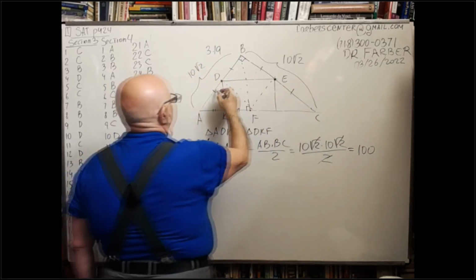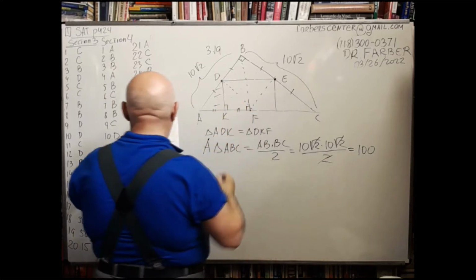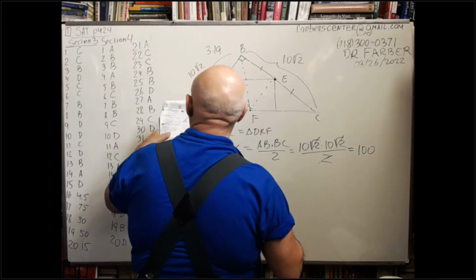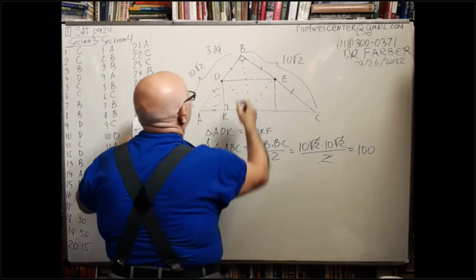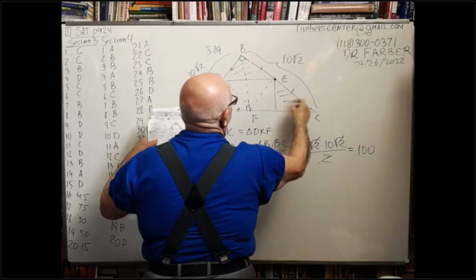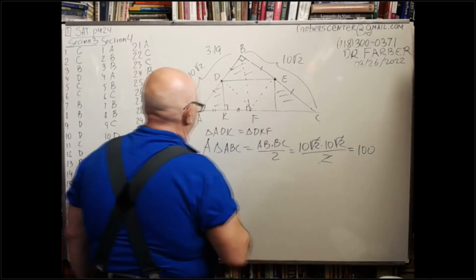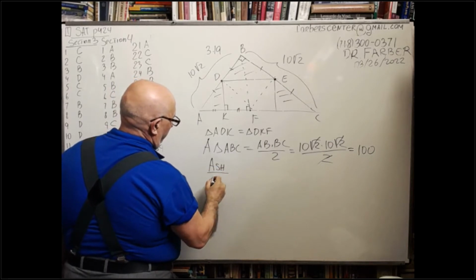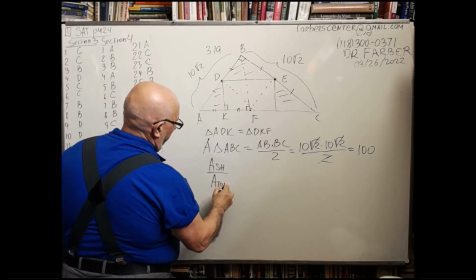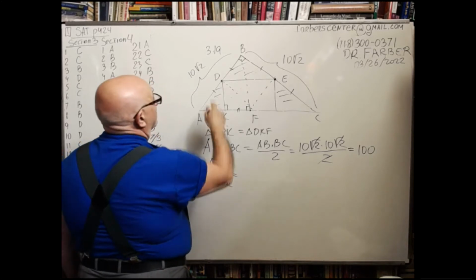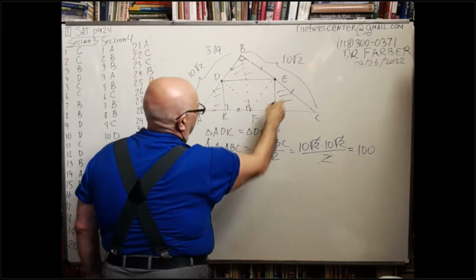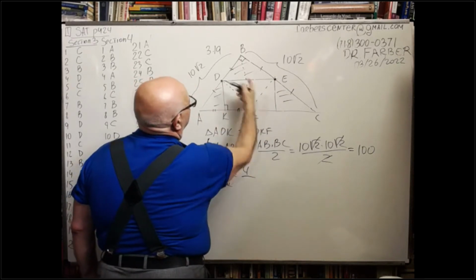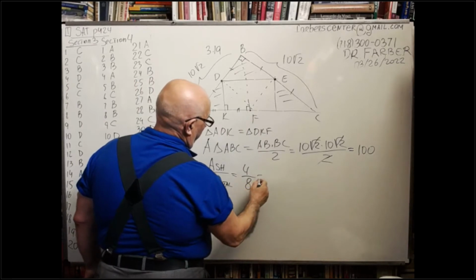And the area shaded, I believe shaded like this, right? What is this one? Yes, shaded at this part, and this part. Area shaded to area total equals 1, 2, 3, 4 out of 8 triangles, which is 1 over 2.